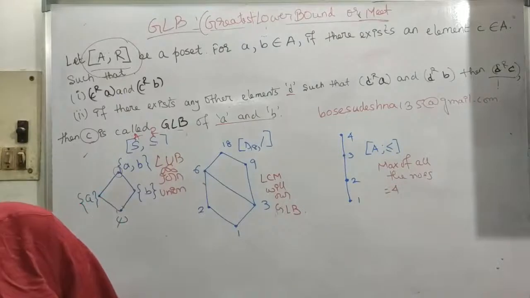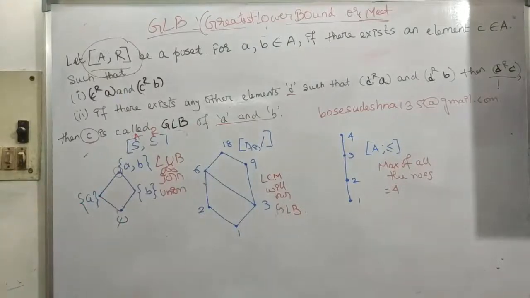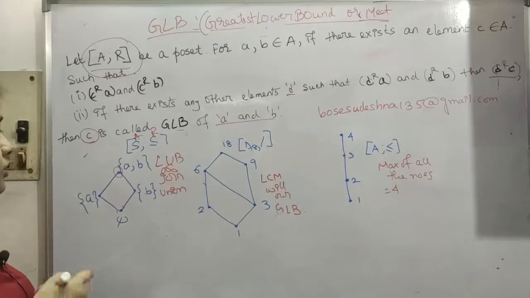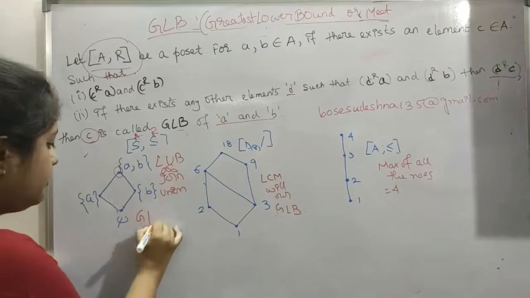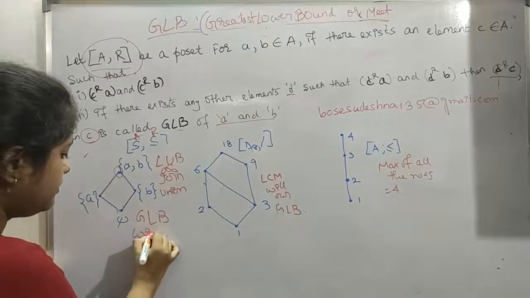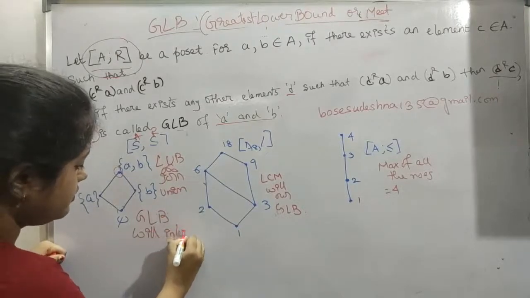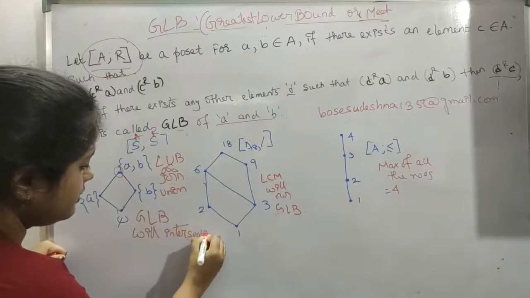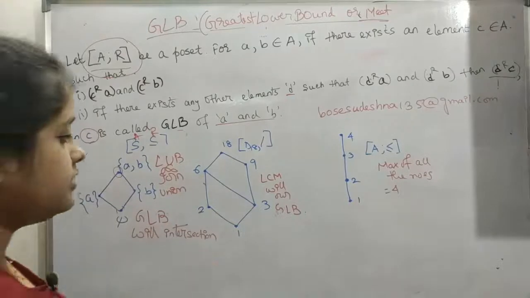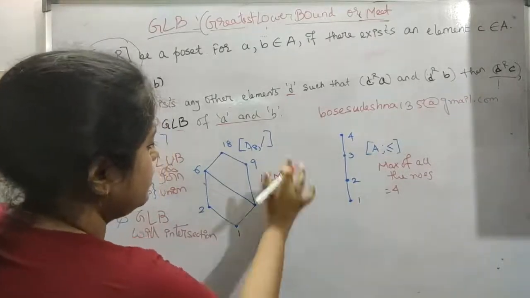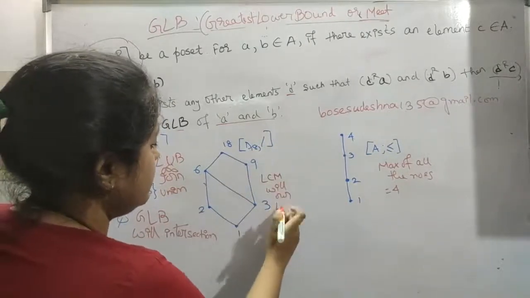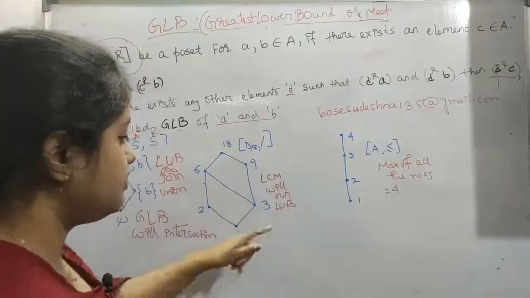Now let's see the diagram, the previous diagrams only. Here GLB will be this intersection. And here LCM will be our LUB, please correct it in the previous one.